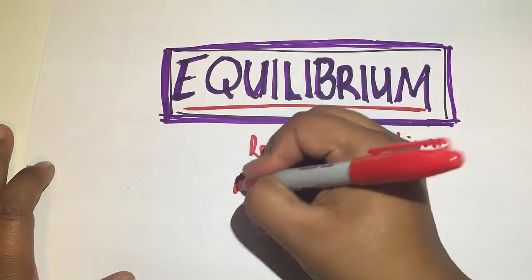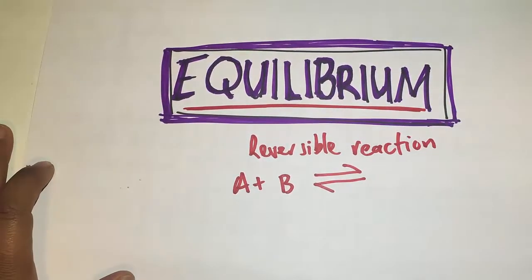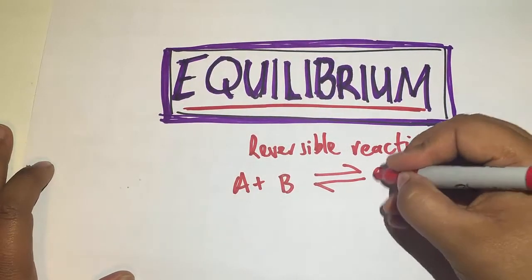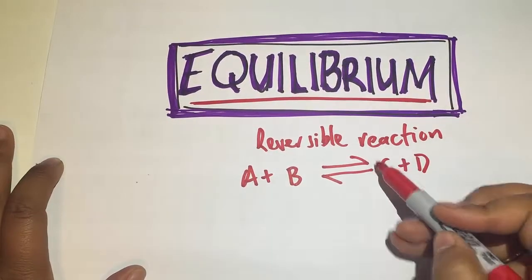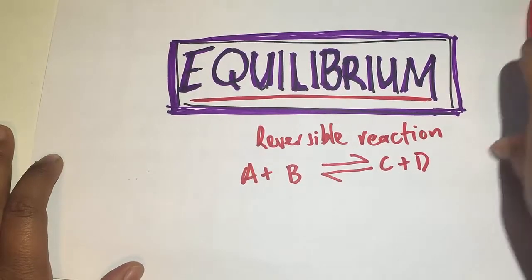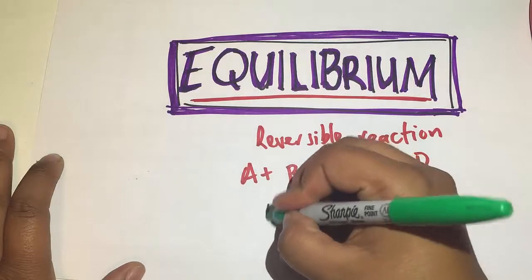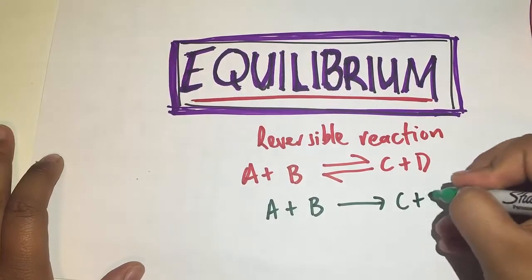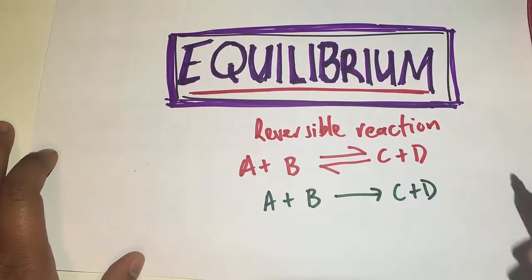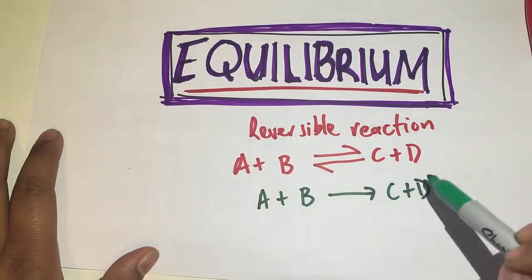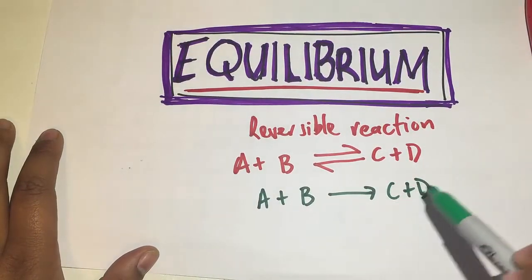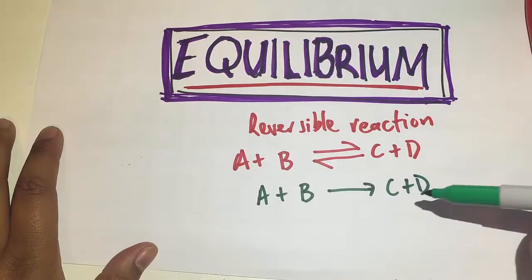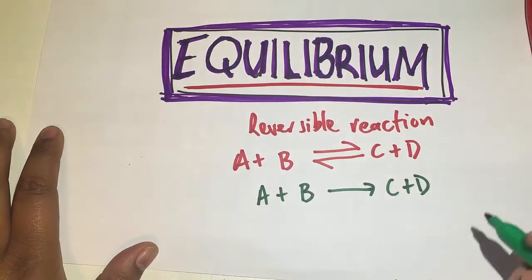So for example, you could have written A plus B goes into C plus D, and what this reversible arrow tells us is that actually we have the reaction A plus B that produces C plus D occurring. And then once enough of C and D is made, C and D can then react to go the other way to produce A and B again.